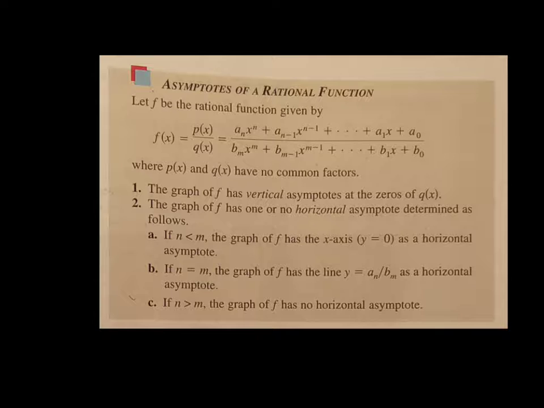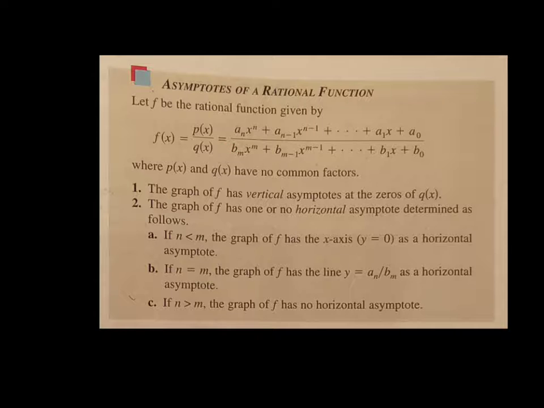If the degrees are the same, again, we've arranged these in descending order, and now we're looking at the degrees. If they are equal, then there's a horizontal asymptote at this weird place. But this weird place is just the leading coefficients.